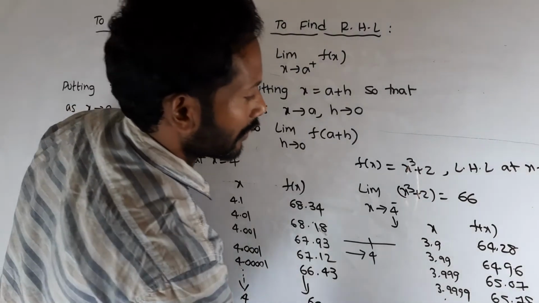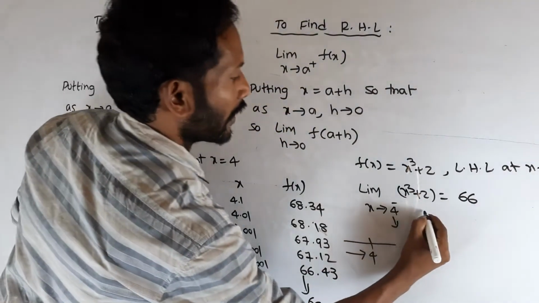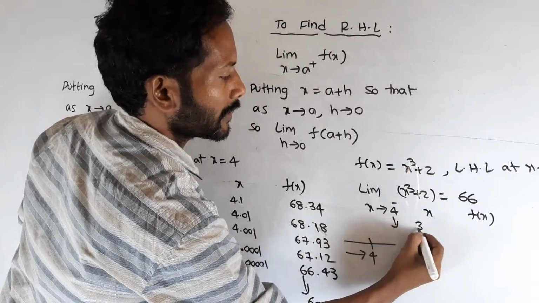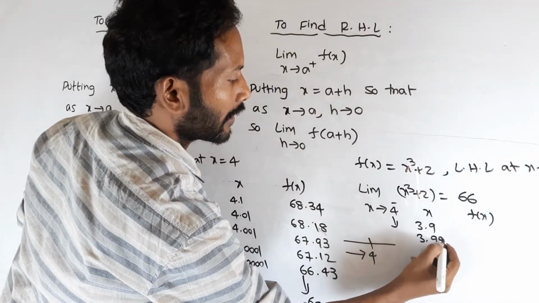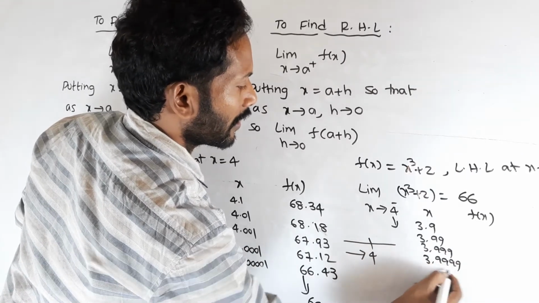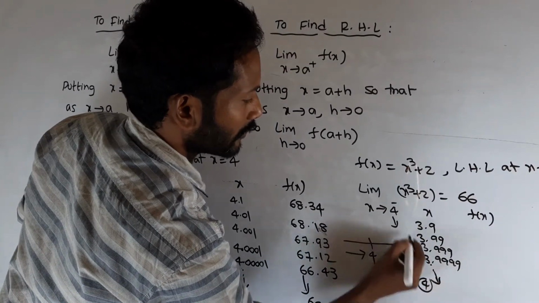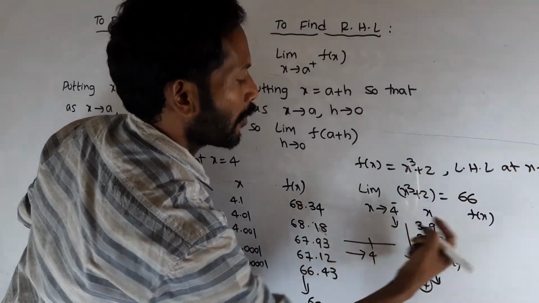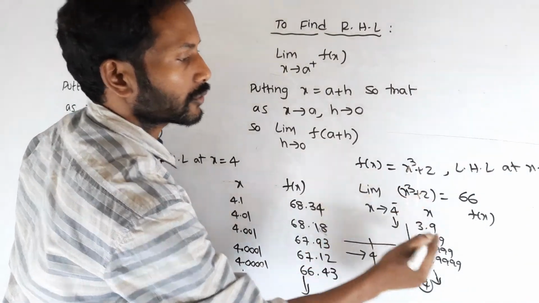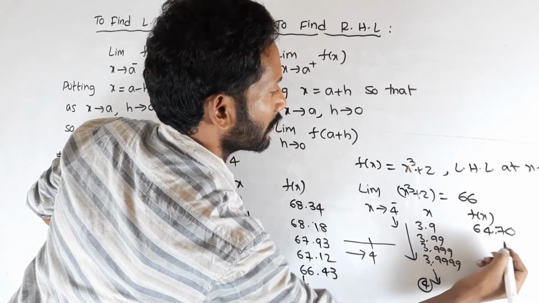At this place the video was missed. So x and f of x. X approaches 4 minus, it means 3.9, 3.99, 3.999, 3.9999 and so on. This one approaches 4. 3.9, f of x is x cube plus 2. 3.9 whole cube plus 2 is about 64.70.